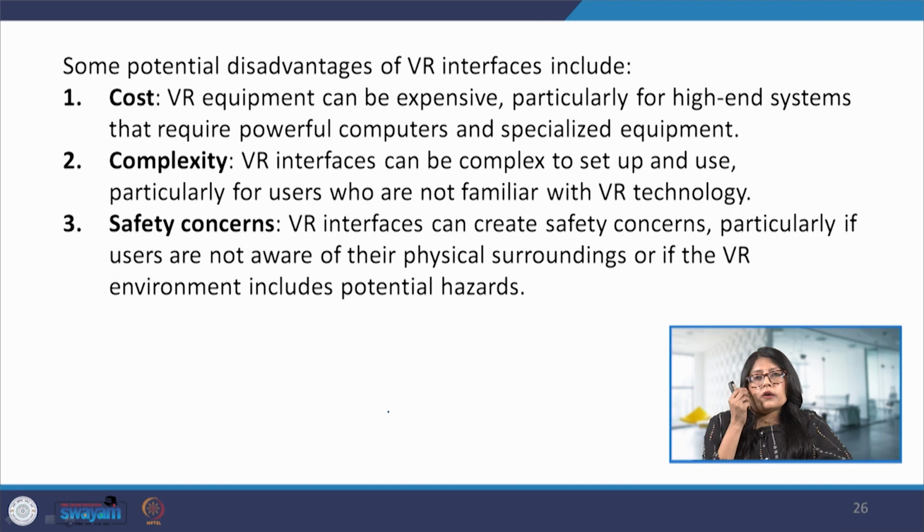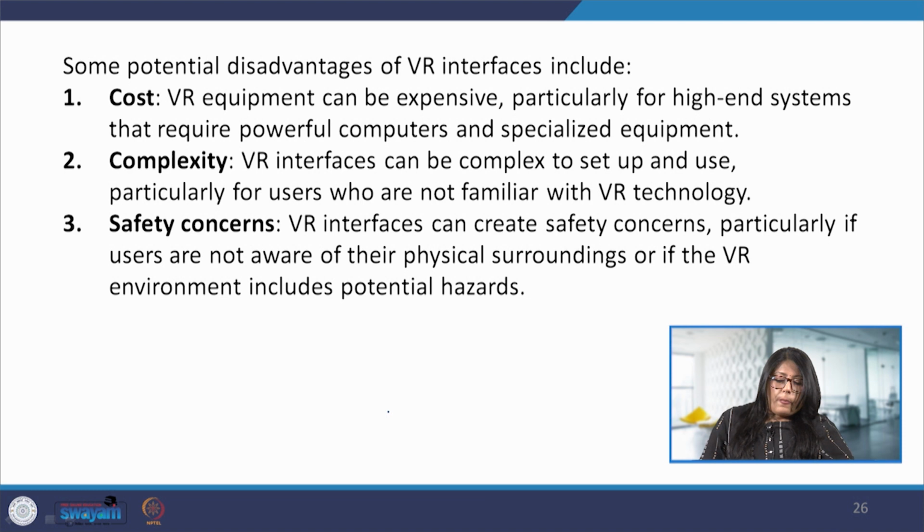Now, some disadvantages can be that it is costly. The virtual reality user interface is expensive. So, the equipment is expensive, especially for high end systems that require powerful computers and specialized equipment. Then it is complex.